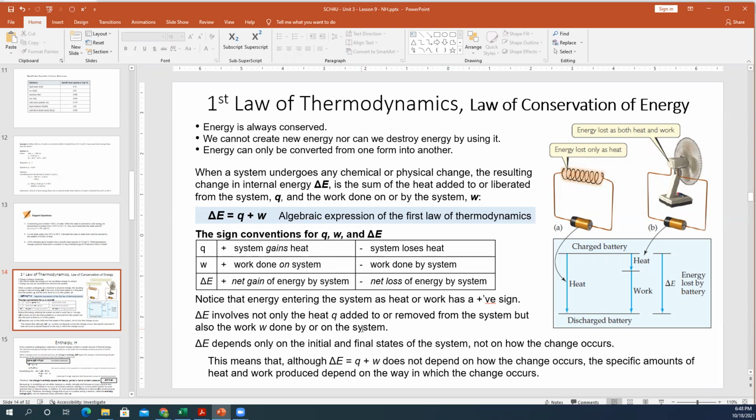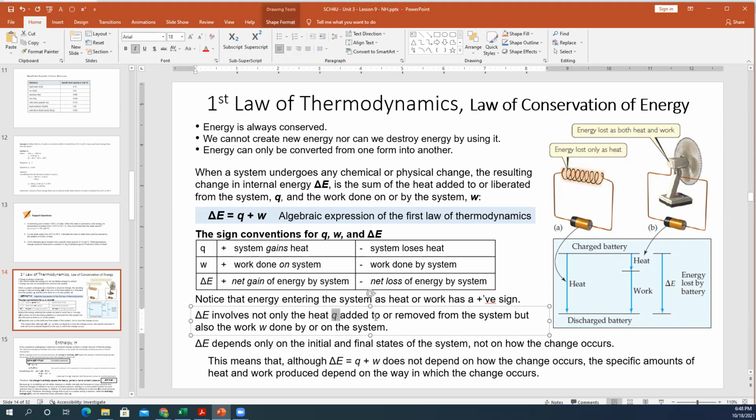So notice that the energy entering the system as heat or work has a positive sign, and that delta E involves not only heat, Q, added to or removed from the system, but also the work W that is being done by or on the system.